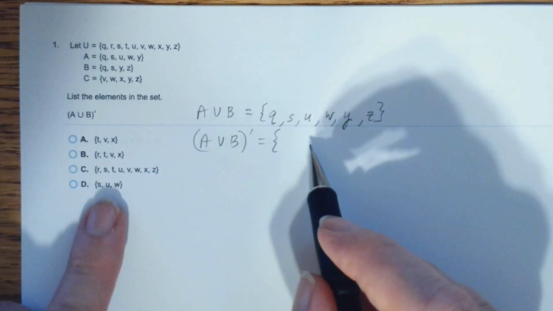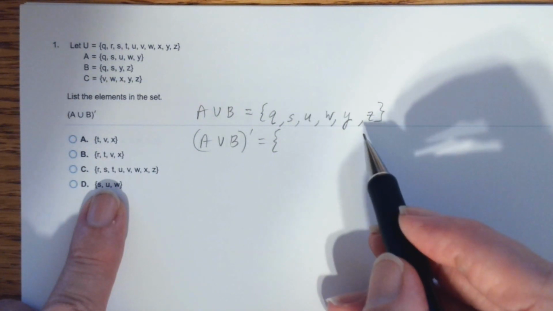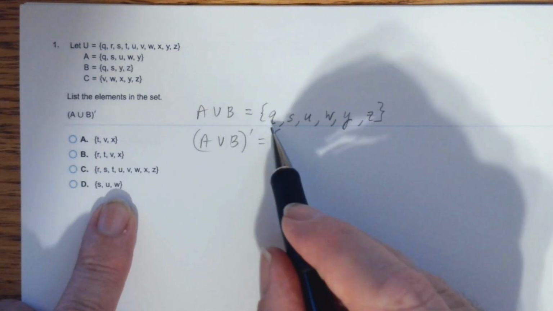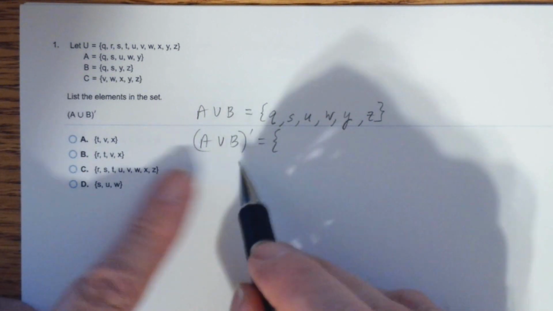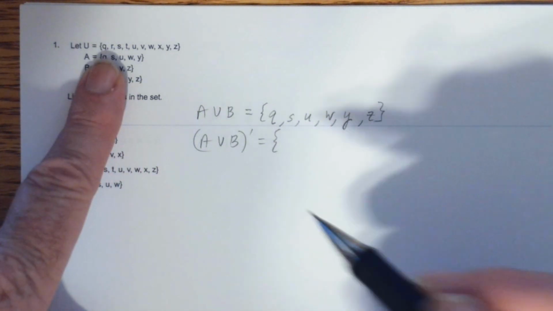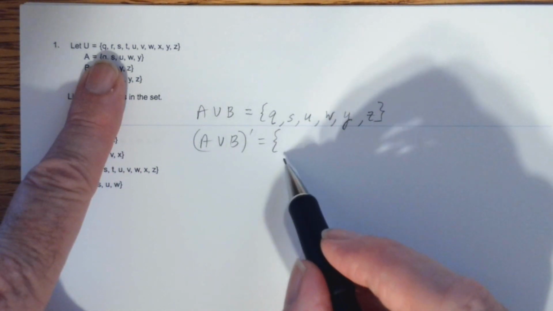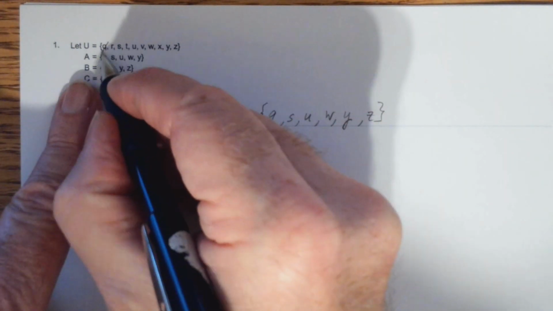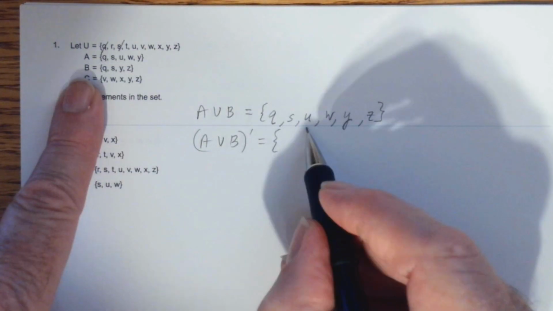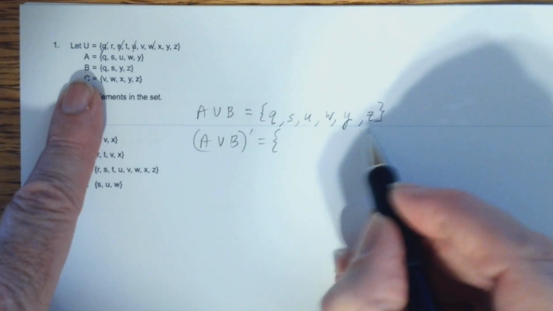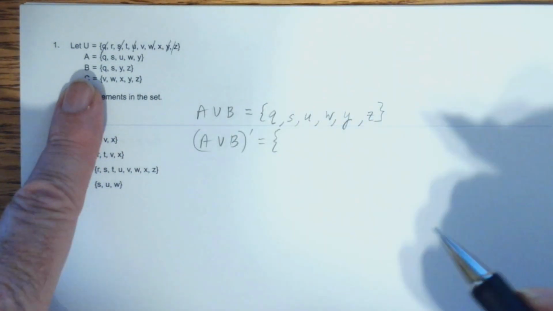I'm not done. So that's A union B, but we need to find the complement of that. And so now we're going to go back to the universal set. We want to find the elements that are in the universal set that are not in A union B. So there's no Q or S, there's no U or W, and there's no Y or Z. So what's left?